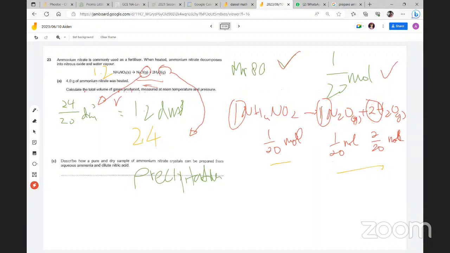Make sense? Why would you assume that this is 1 over 20 and this must also be 1 over 20? That is not the case. So your 1.2 dm cube will be this one, and then this one will be 2.4 dm cube. You add them up, 3.6.